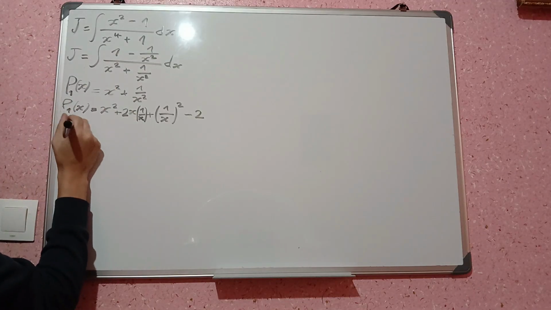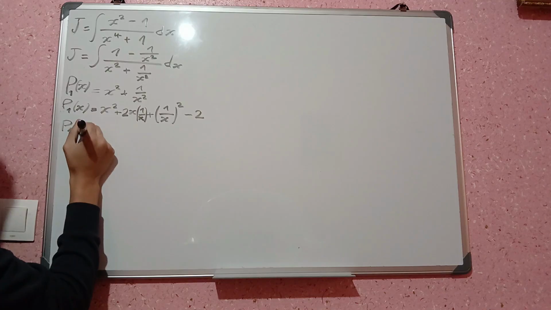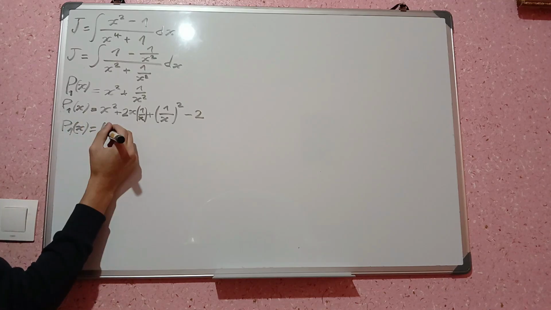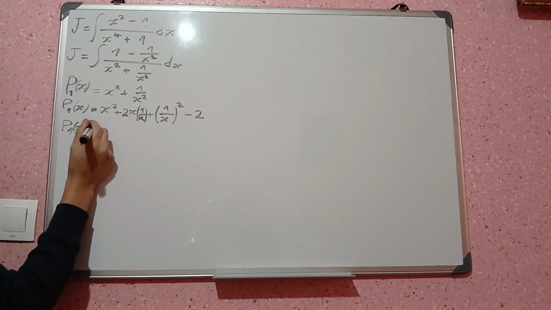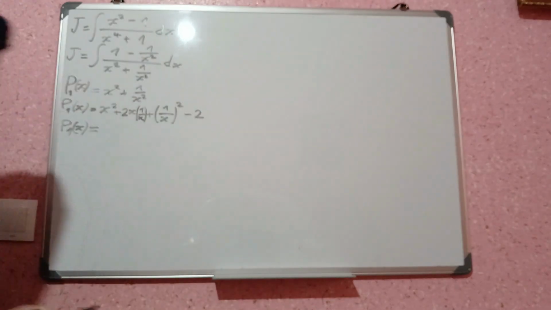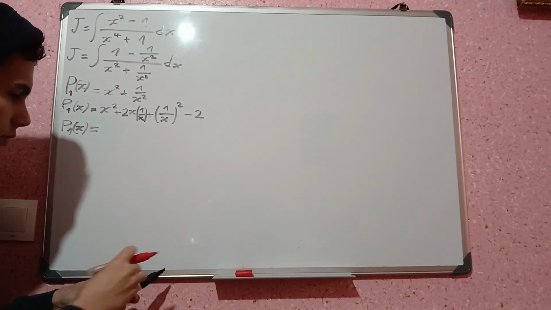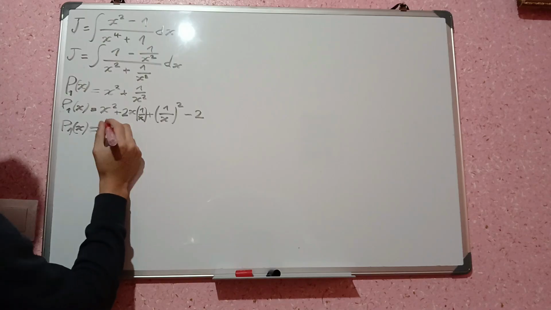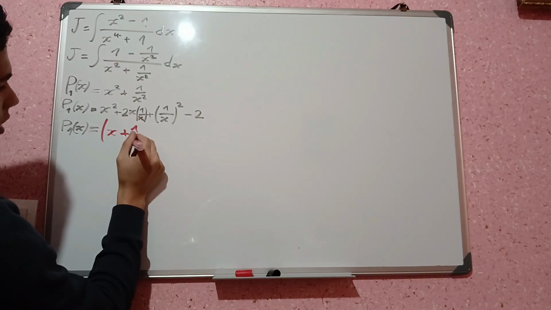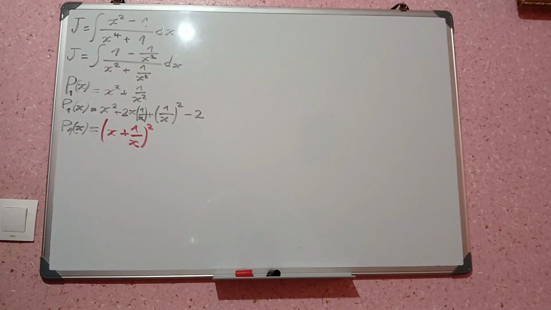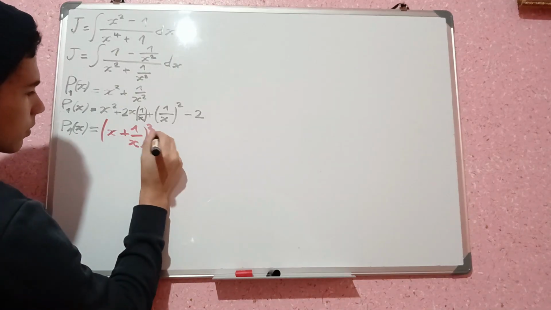So p1 of x will be equal to (x plus 1 over x) all squared minus 2.